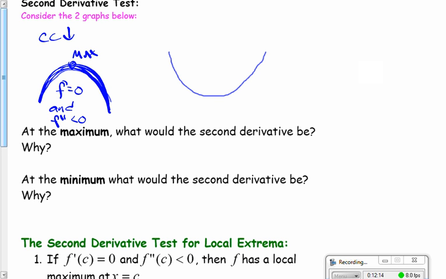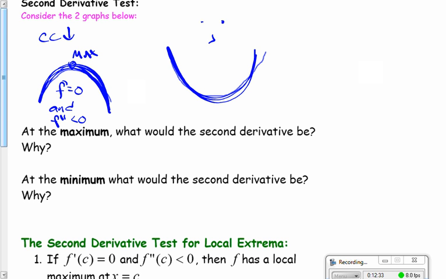Is that easier than the first derivative test? If you know the second derivative, it is. If the second derivative is really messy, you might have to resort to other means. Okay? Similar idea over here. Describe this graph to me. That's concave up, isn't it?